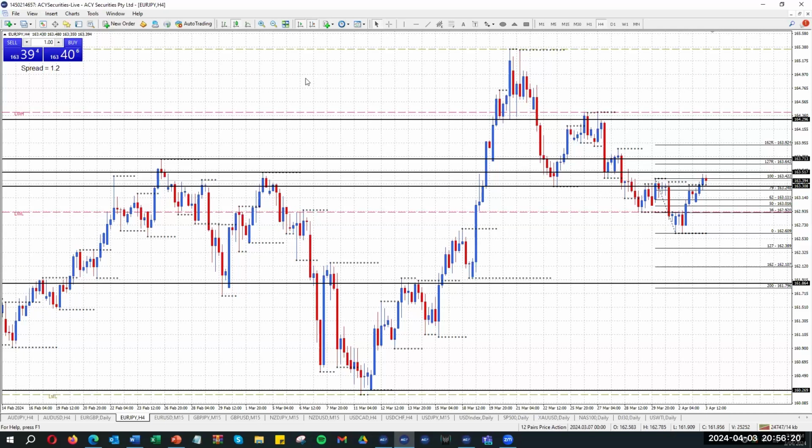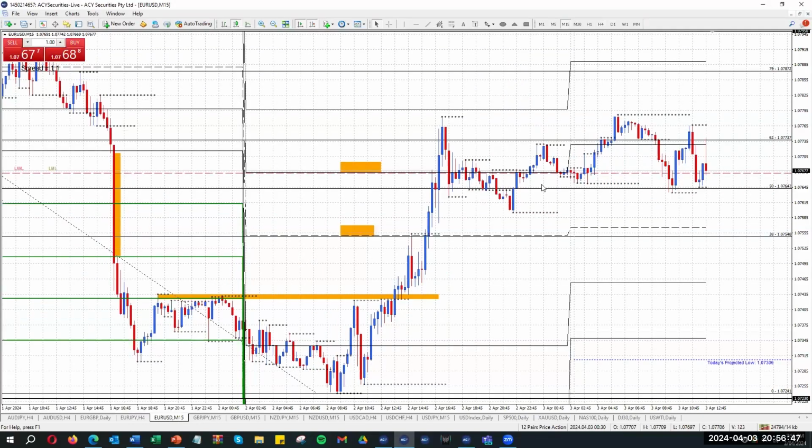For example, here, if you were trading the euro yen with the 79% pattern, that was maybe potentially here. Well, on this example, you would be wrong. But I don't know which ones are going to work and which don't. I just have to decide which ones I want to trade and then see whether they're going to work or not.